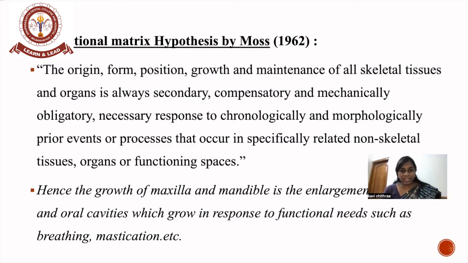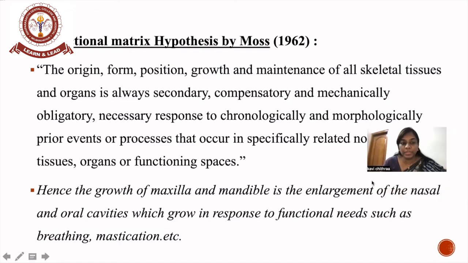So what he generally says is that the growth of the maxilla and the mandible is the enlargement of the nasal and the oral cavity, which grows in response to functional needs such as breathing and mastication. So the more the patient breathes, develops his breathing skills and mastication, the related structures grow.